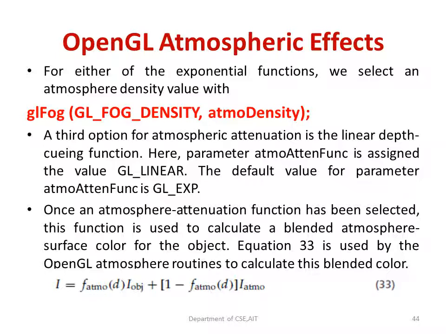That means one uniform atmosphere color will be there, along with the surface color. So it is going to combine both these. When you look through the fog in the early morning and see some objects through the fog, you will see a combination of the color of the object as well as the fog. So that effect can be reflected when you go for GL fog density and the atmospheric density.